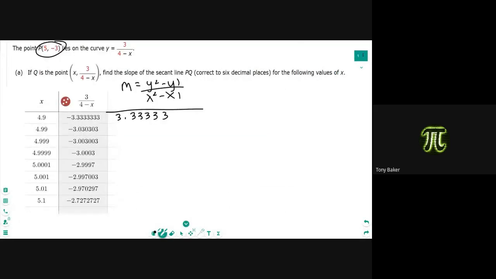So I now have my slope at that point. It's 3.33333.